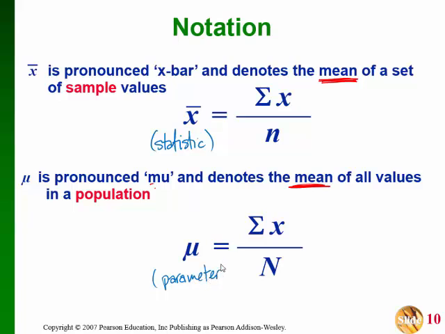Now, in the book, they have a notation, but it's not as commonly used as X bar. It's not commonly used, so I don't like X tilde. Why don't I cross that out and replace it?